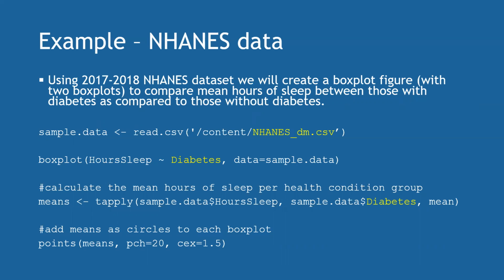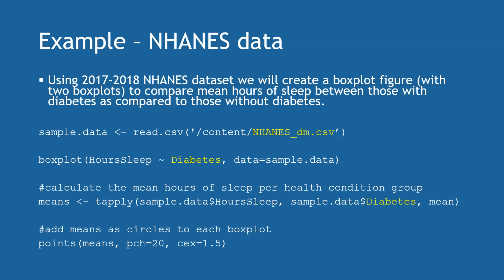So this is the code that we're going to use to do this. Again, I've highlighted in yellow what you need to change for your final project. So I'm working with NHANES DM data because I'm working with diabetes as an example. But you will be working with a different data set. So you need to change this data set name to make sure it corresponds to your group's data.